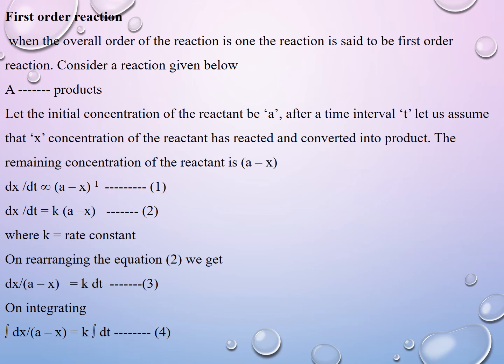Now we are rearranging equation 2. We get dx by (a minus x) is equal to k into dt, that is, bringing all the like terms together. That is equation 3. Now we are integrating equation 3. So we get the integration of dx by (a minus x) is equal to k, which is a constant, so we bring it out, k into the integration of dt.